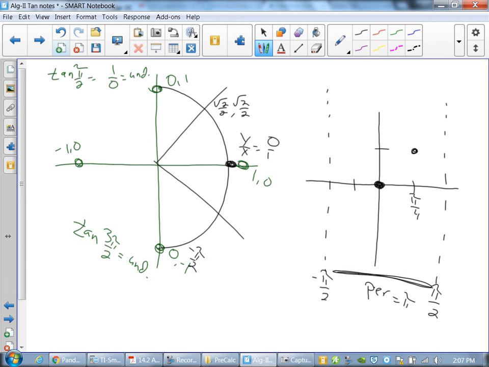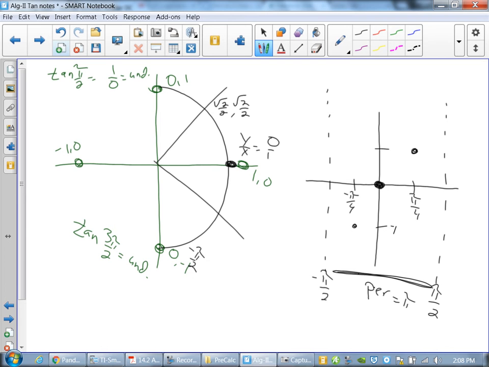It would be negative 1. Also notice, what's the relationship between pi over 4, pi over 2, and 0? They're equally separated. Pi over 4 is halfway between 0 and pi over 2.